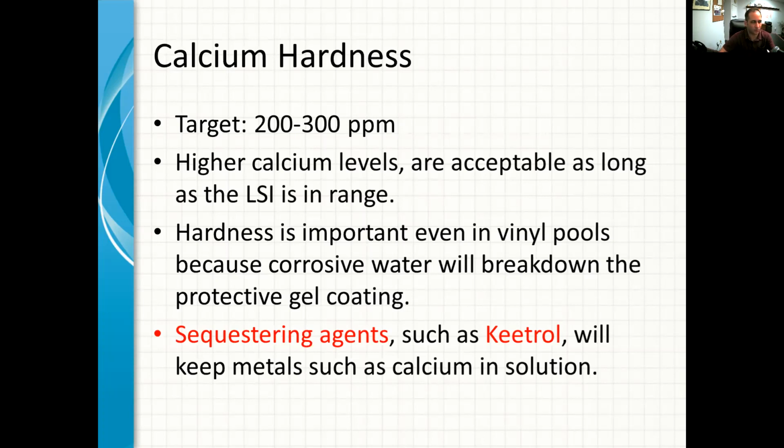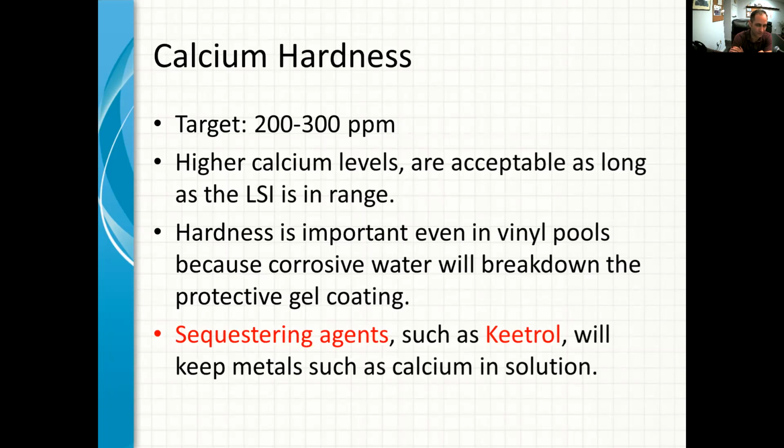Like I mentioned, one problem people have is scaling, like a white scale material that's usually calcium carbonate, on the walls or on heaters. By the way, the reason calcium forms on heaters is that most compounds precipitate out of water when it gets cold, like water turns to ice when it's very cold.